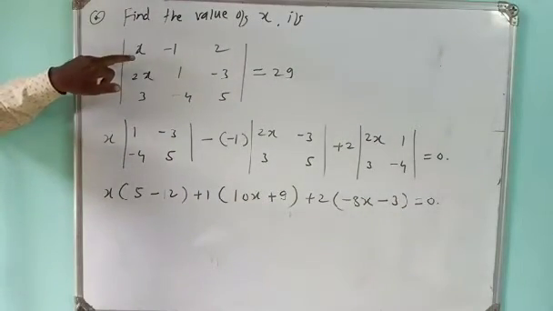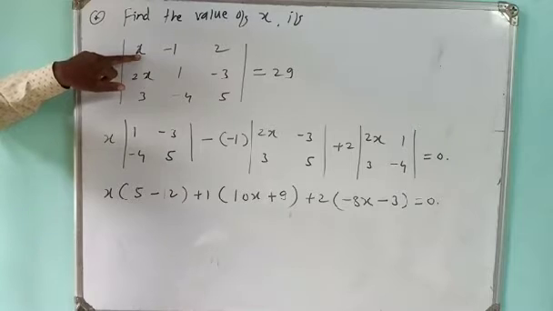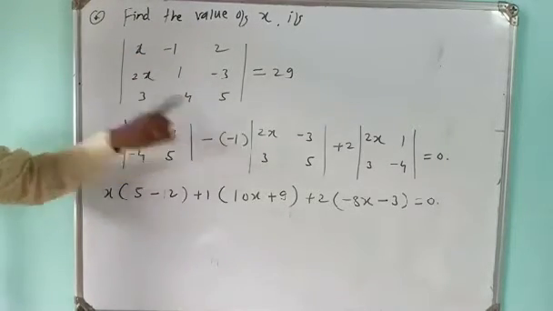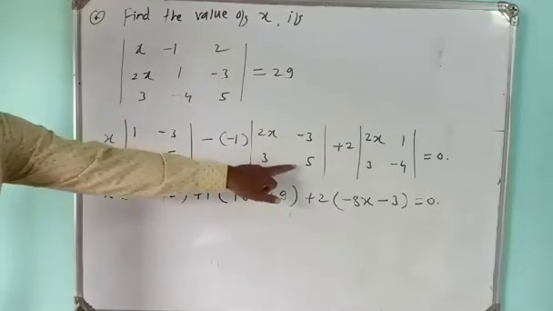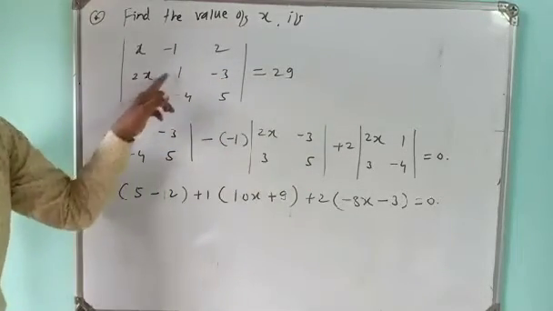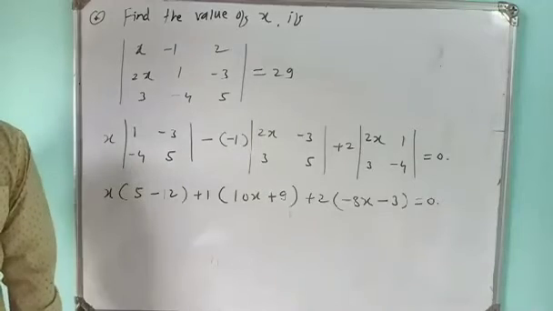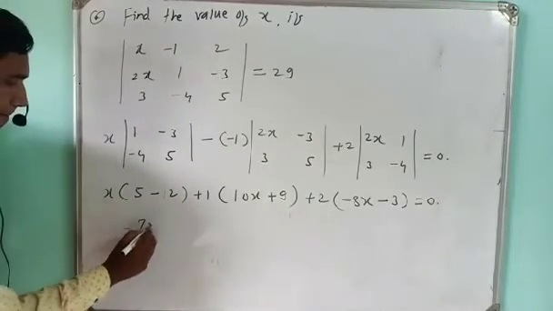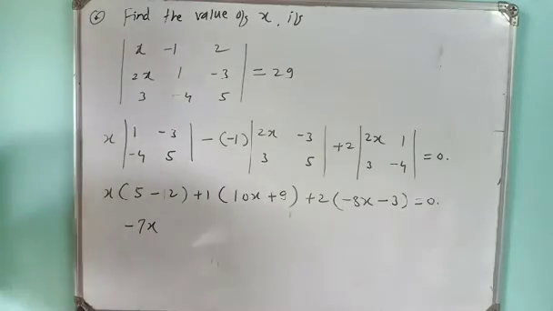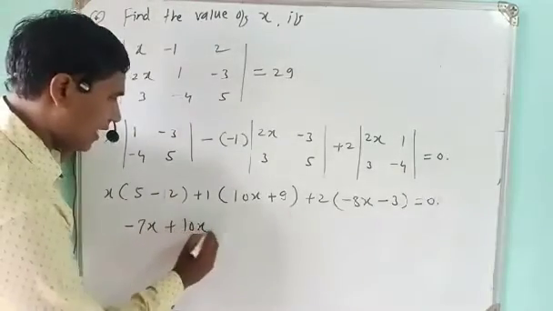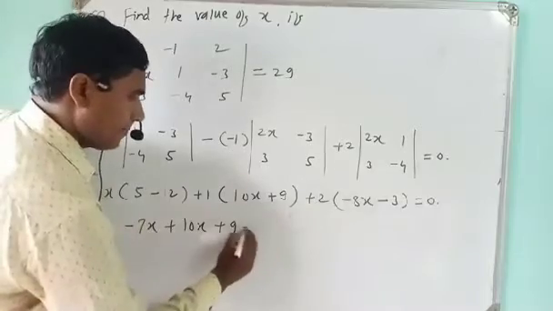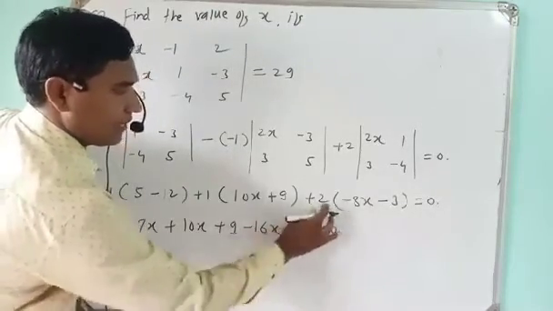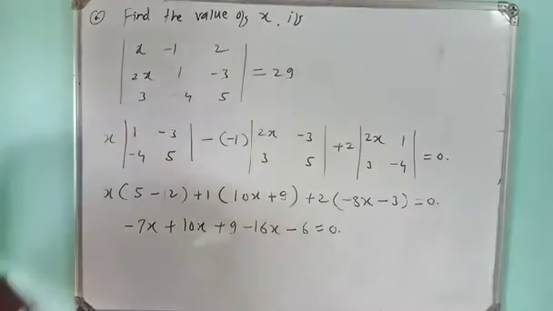Okay, got it? This one is the first element x, then 1, minus 3, minus 4, 5 is there. Second element minus, this minus 2x, minus 3, 3, 5 is there. Third element plus 2, then 2x, 1, 3, minus 4 is there. Okay, now see now. 5 minus 12 is minus 7, minus 7x. Then plus 10x plus 9 minus 16x plus minus 6 equal to 0.